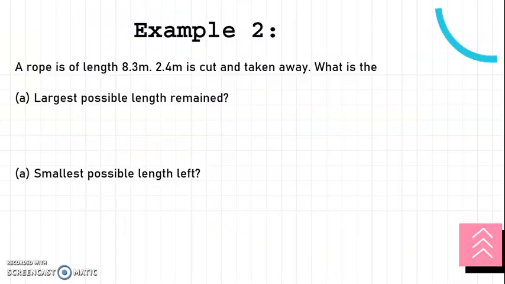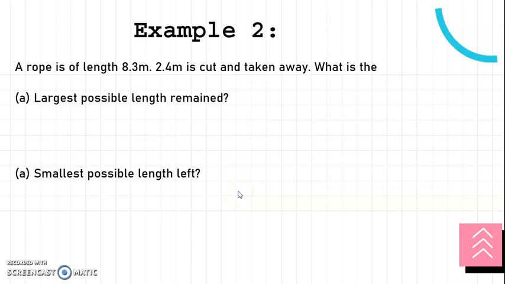Okay, welcome back to our lesson. So let's start with example 2 inside your notebook, page 29. The question says a rope is of length 8.3 meters, and 2.4 meters is cut and taken away. What is the largest possible length remaining and the smallest possible length left?